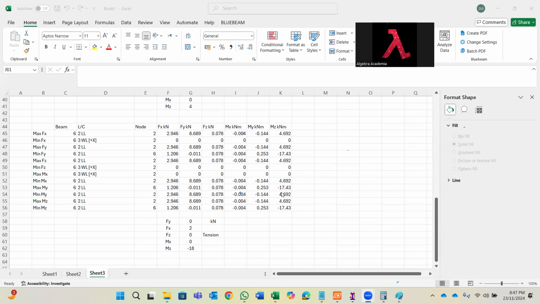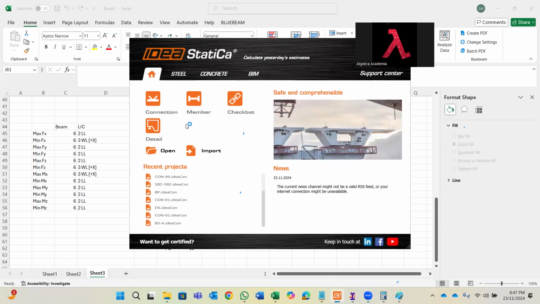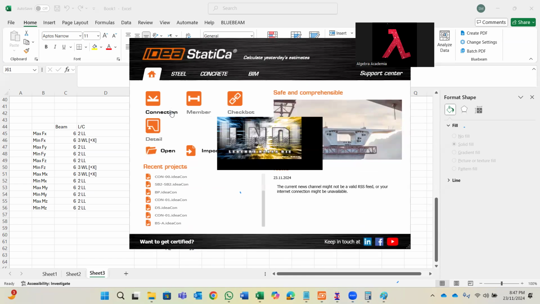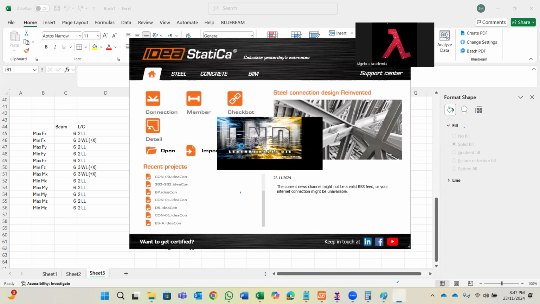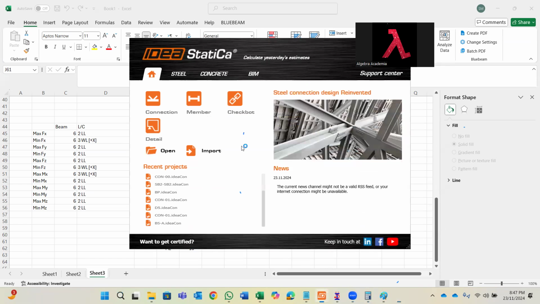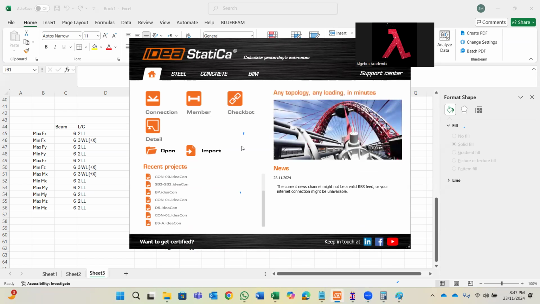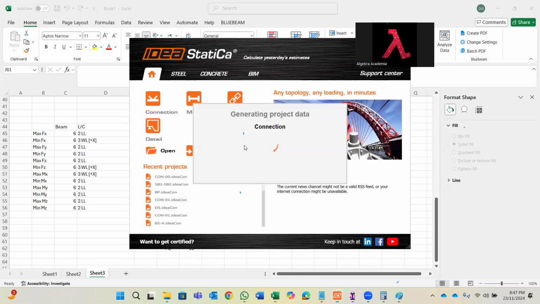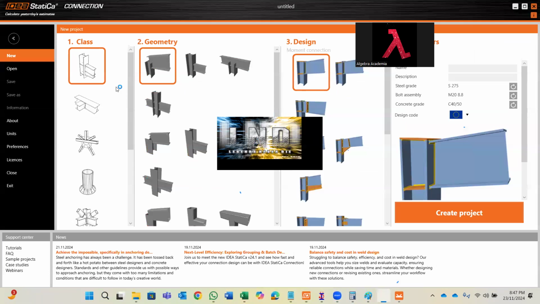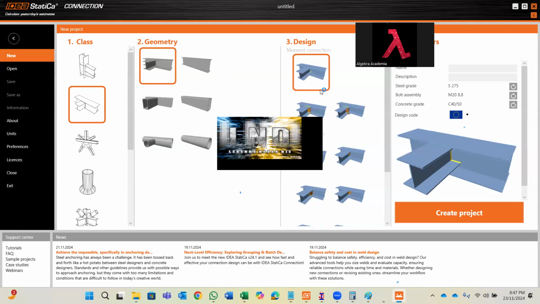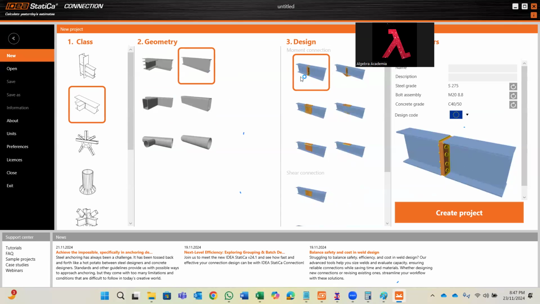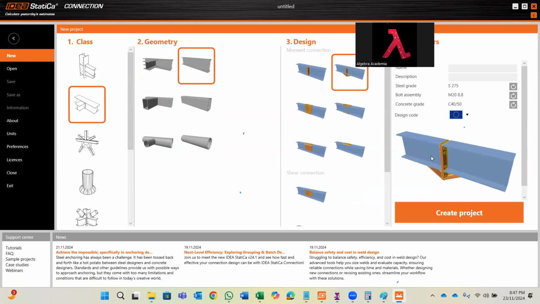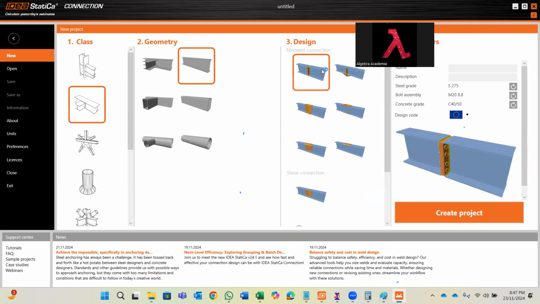I'll just open the IDEA StatiCa again. So under beam to beam, this is with the haunch, this is without haunch. So without haunch, I'll go for it.